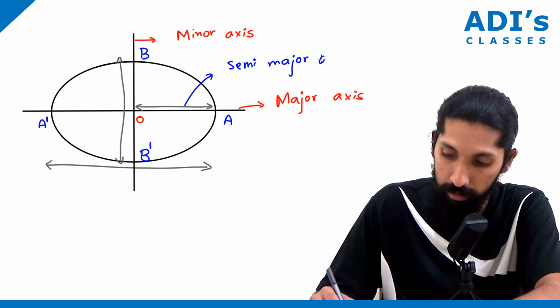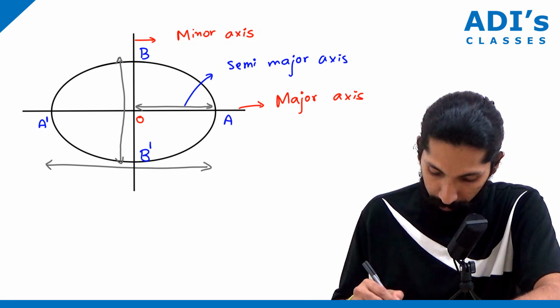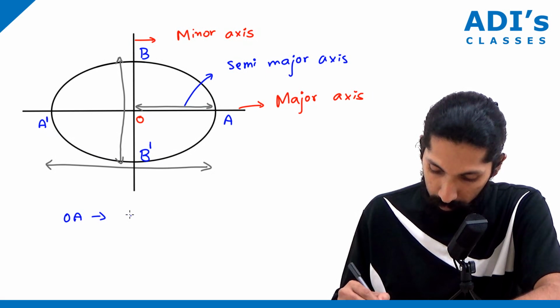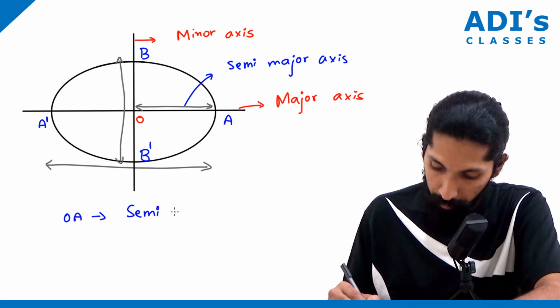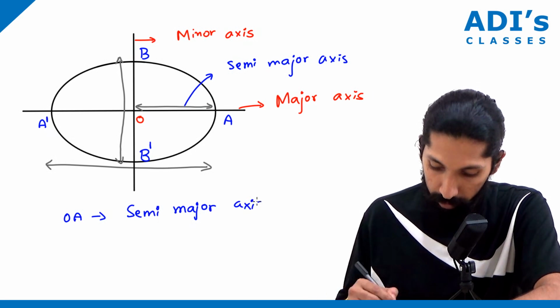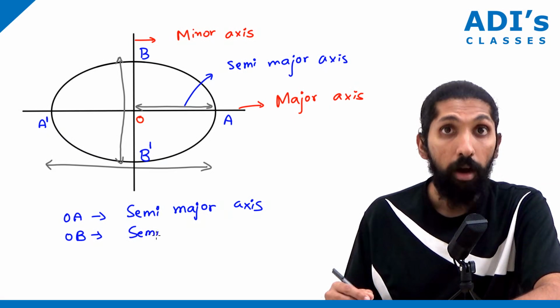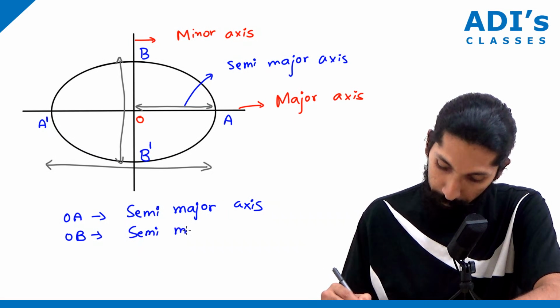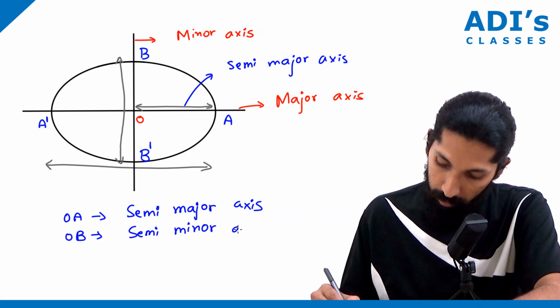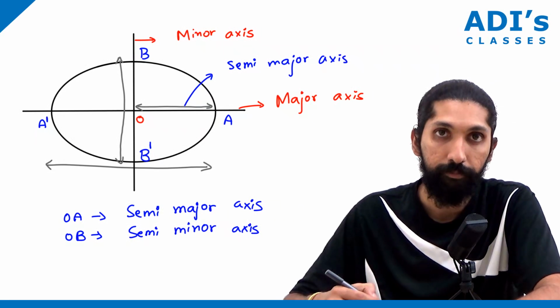OA is the semi-major axis. Likewise, OB becomes the semi-minor axis. When I say semi, it's always half, correct?